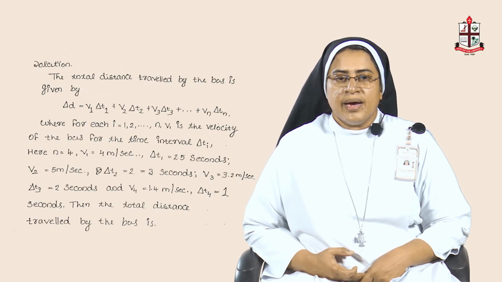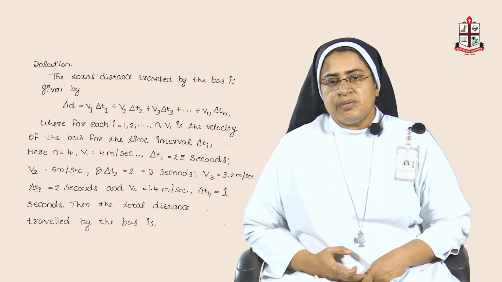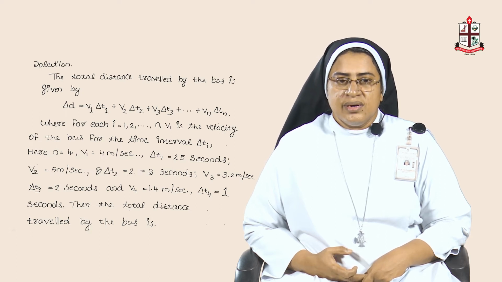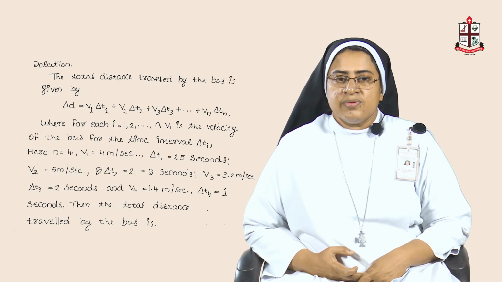We use the formula for total distance travelled by the bus. Delta d is equal to v1 delta t1 plus v2 delta t2 plus v3 delta t3 plus etc. plus vn delta tn, where for each i equals 1, 2, 3 up to n, vi is the velocity of the bus for the time interval delta ti. Here n is equal to 4.